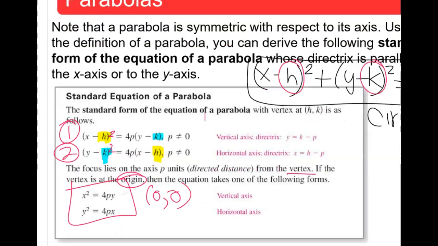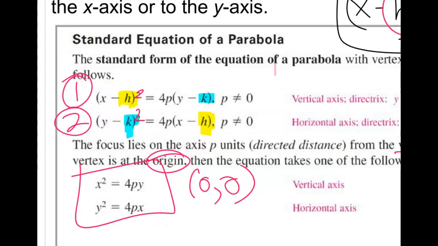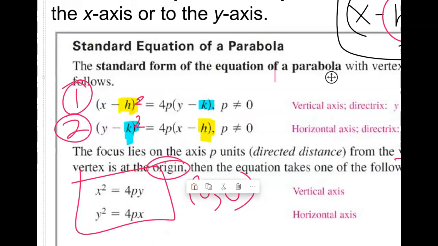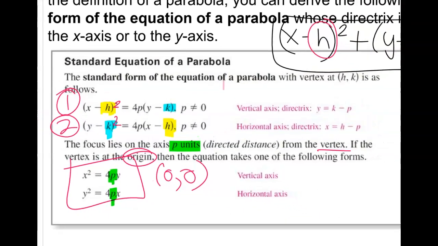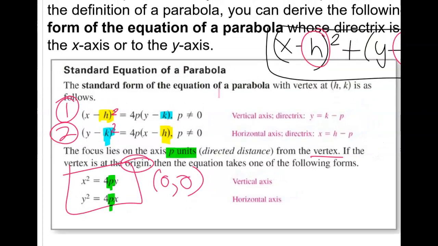The variable lowercase p is going to represent the one that I'm highlighting here. It's going to represent units from the focus. Well, okay, I'm going to read the statement instead. The focus lies on the x-axis, p units from the vertex. So it will be the distance, just like we had on the previous drawing.